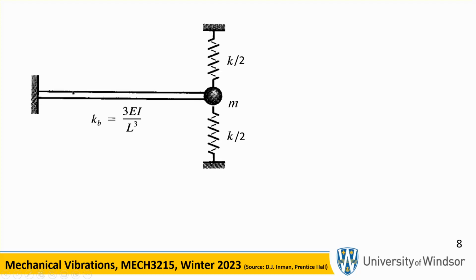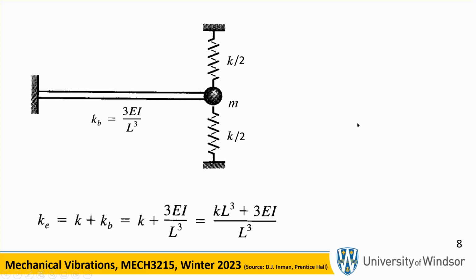It's not a rod like that, it's a beam, so it has an I. So anyway, this acts as a spring with this stiffness, and it is in parallel with these two put together. So basically, there are 3 springs in parallel here.